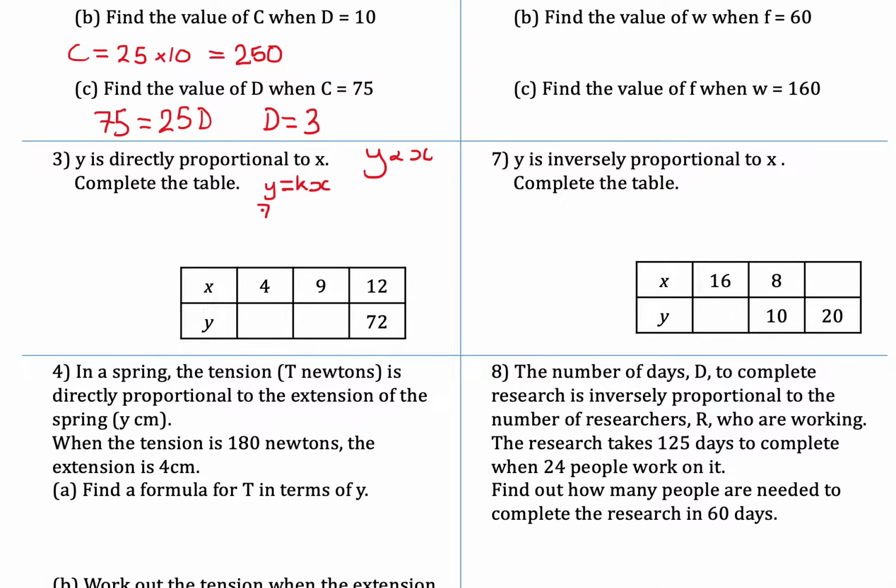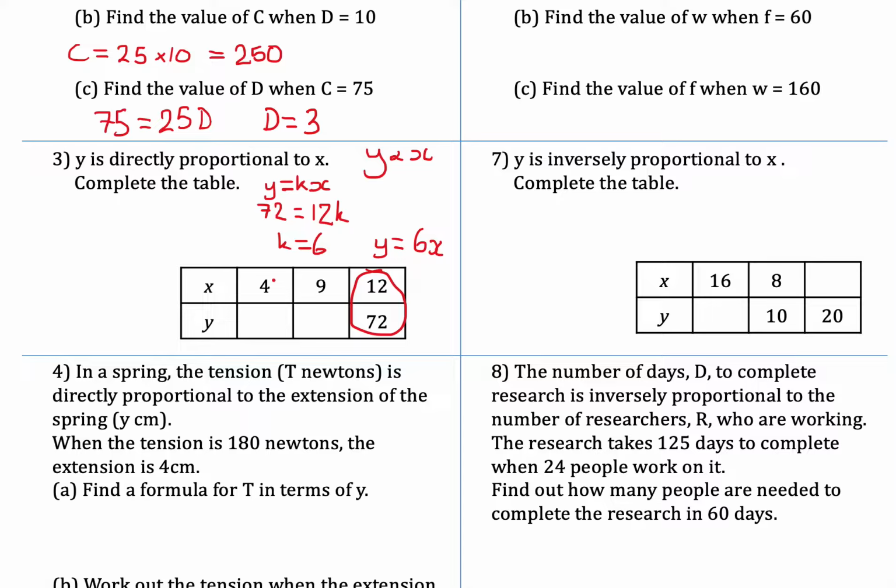So substitute in the numbers we have. We've got these two linking numbers here. 72 equals k times 12, or 12k. So k is 6. If we put that back into this equation here, we know that y equals 6x.